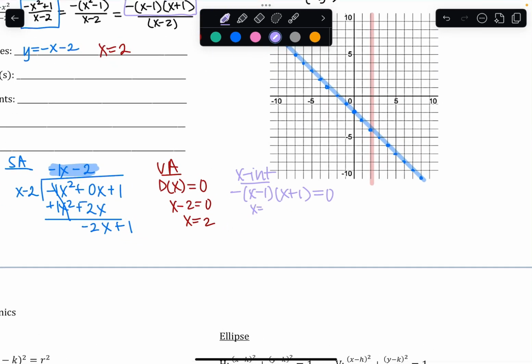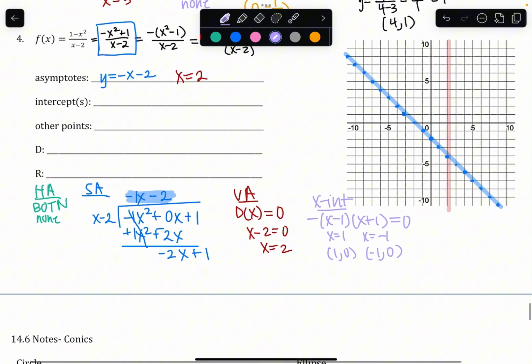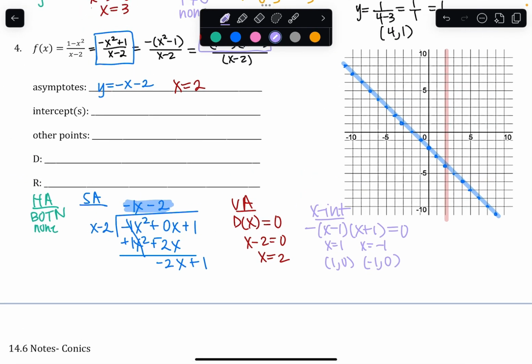And so x equals 1 and x equals negative 1. And so writing them as ordered pairs so they don't look like asymptotes, we have two x-intercepts. And so negative 1, 0, and 1, 0.